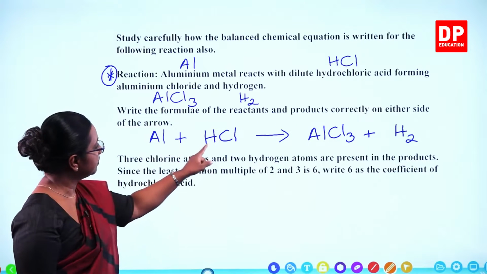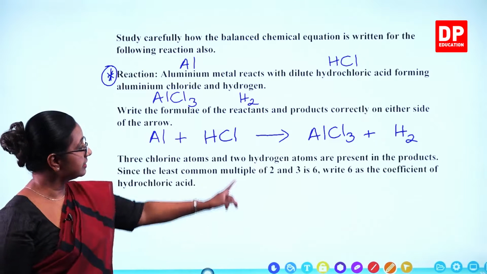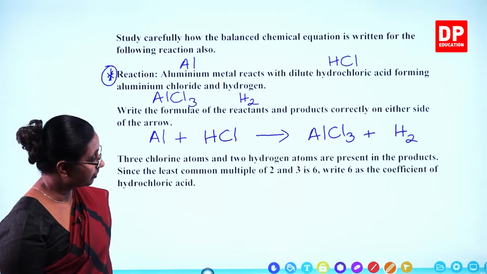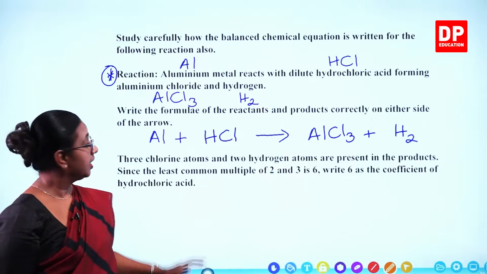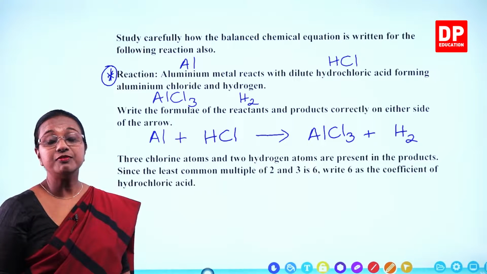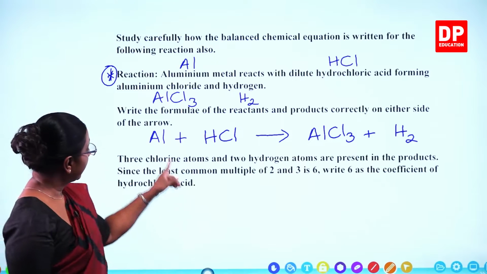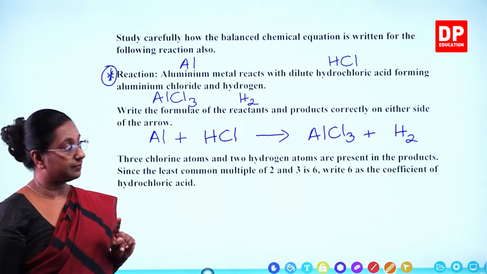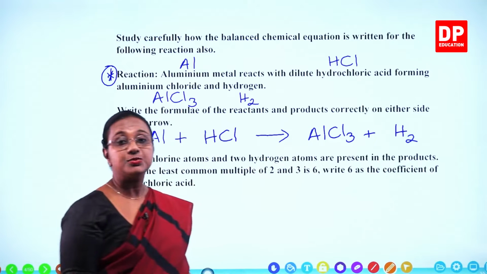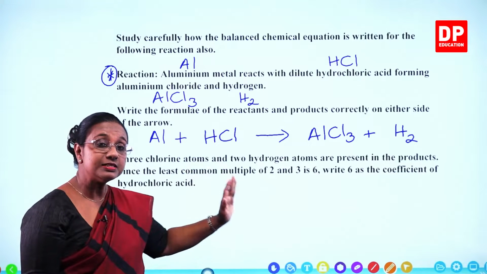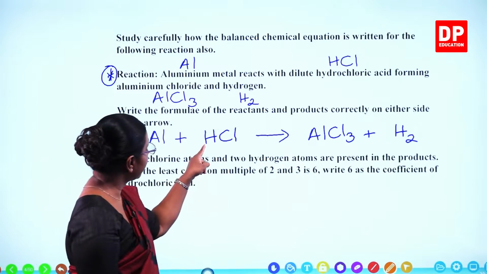So aluminium reacts with dilute hydrochloric acid, giving rise to aluminium chloride and H2. Now check the number of atoms of each element present on either side of the arrow. Aluminium, there's only one atom. Here again there is one aluminium. So that is balanced.